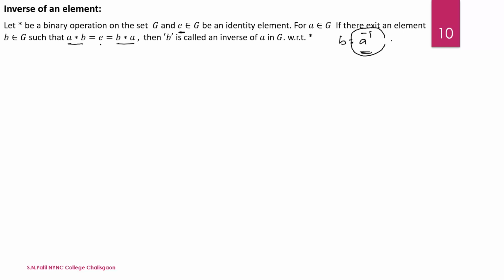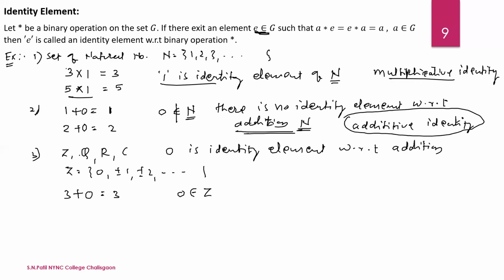Now let us discuss the same examples. First, the multiplicative identity. The multiplicative identity for the set of integers, rationals, reals, and complex numbers is 1.